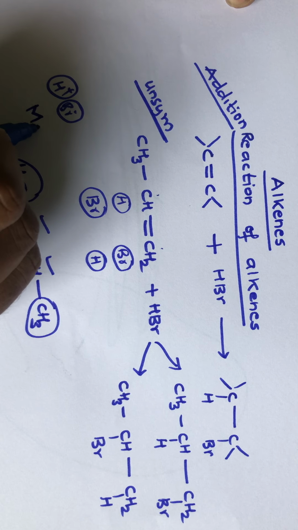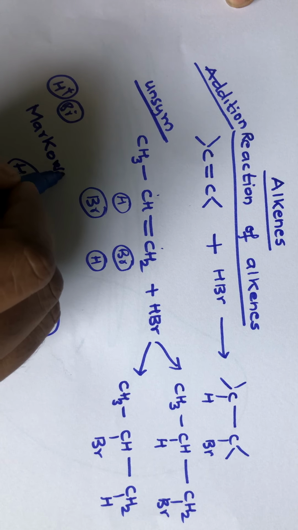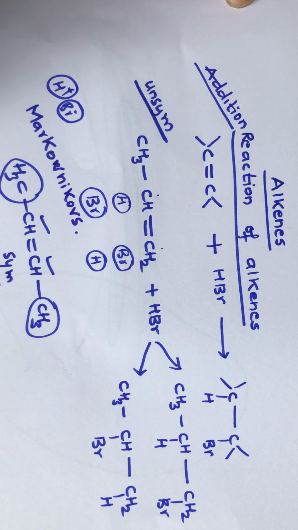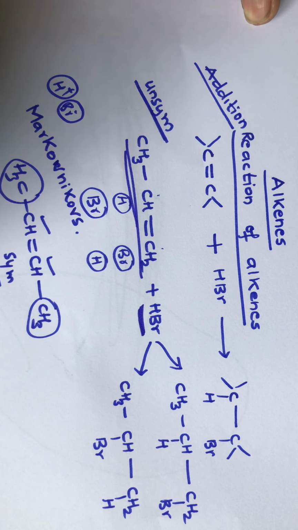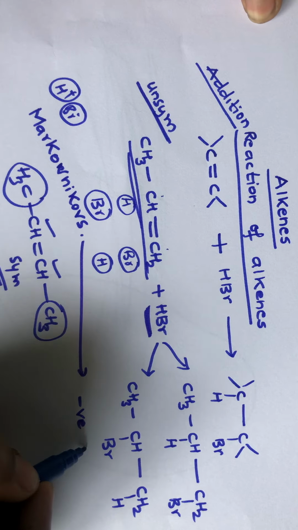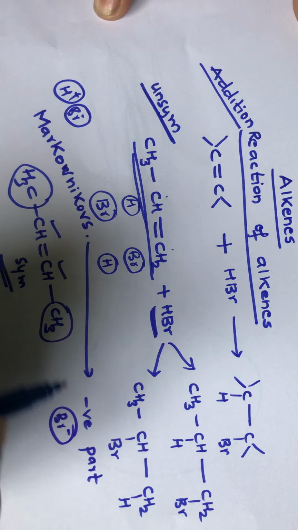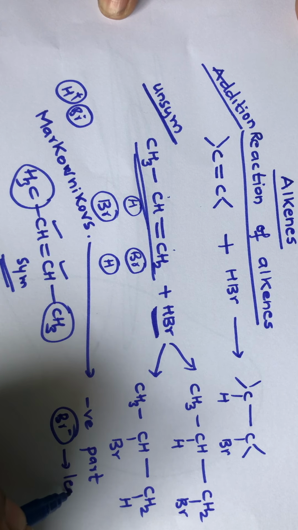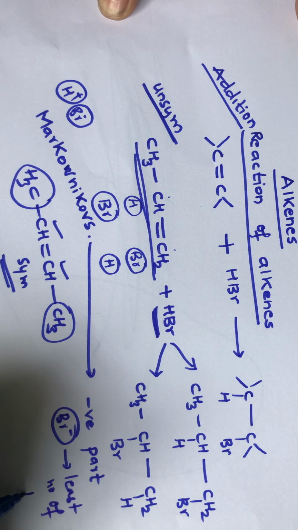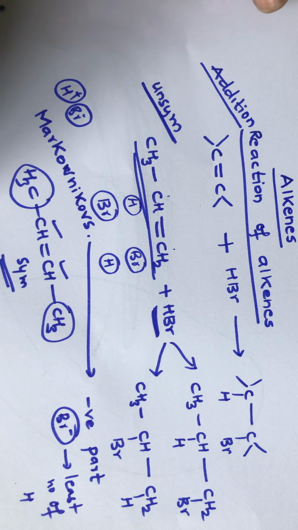This rule is called Markovnikov's rule. According to Markovnikov, whenever an unsymmetrical reagent adds to an unsymmetrical alkene, the negative part of the reagent, here Br minus, attacks the carbon containing the least number of hydrogen atoms.